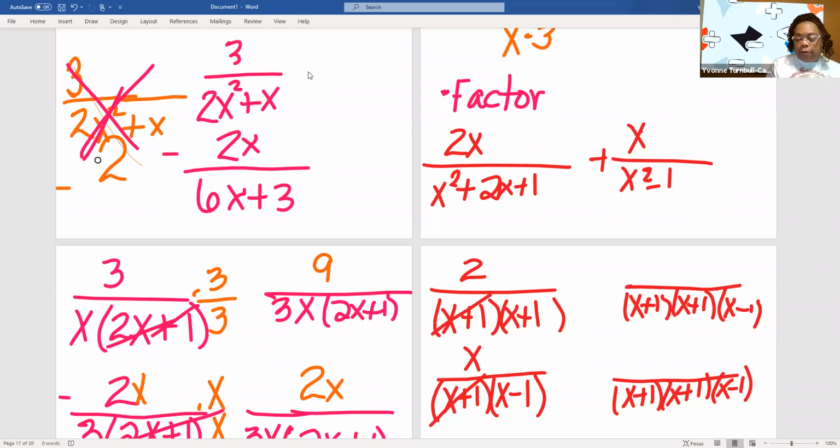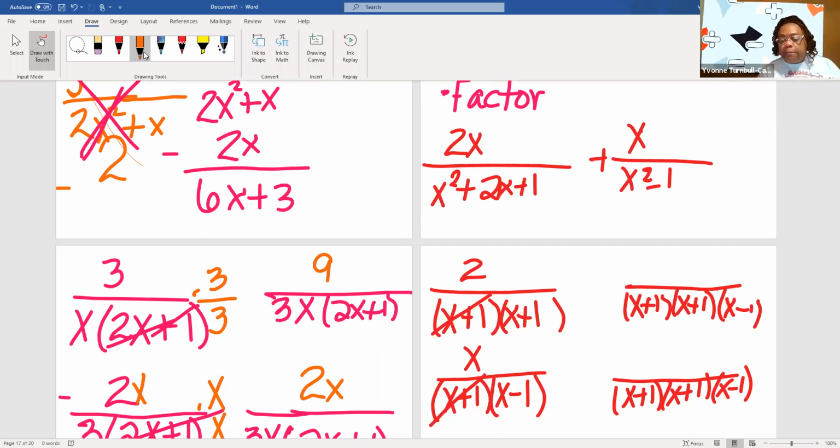Phew. Now, what's the question? What is here, but not over there? x minus 1. And I'm going to get a different color so we can see the difference. In my LCD, what I have that's not in my original denominator is x minus 1.